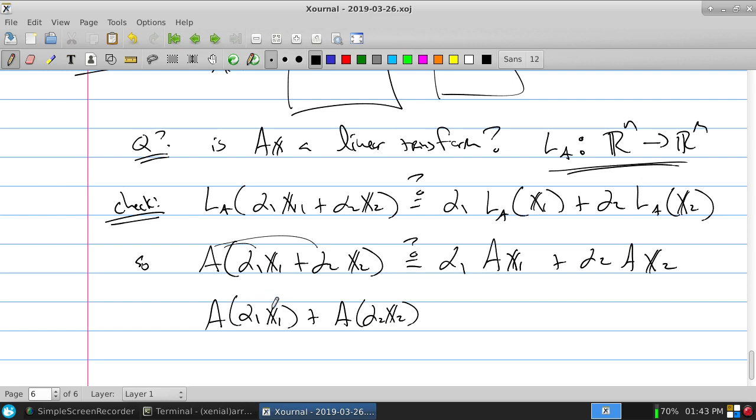If you stretch one of them, you could actually have stretched last, pull it out. And so that's actually equal to alpha 1 Ax1 plus alpha 2 Ax2. Those are just simply properties of matrix multiplication. Are these equal? Yes, they're equal. So matrix multiplication is a linear transform. Well, that's kind of nice. So yeah, it's a linear transform.